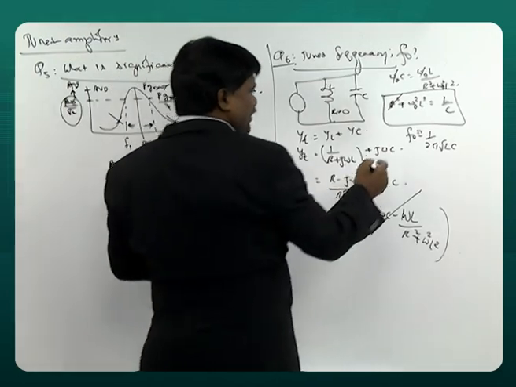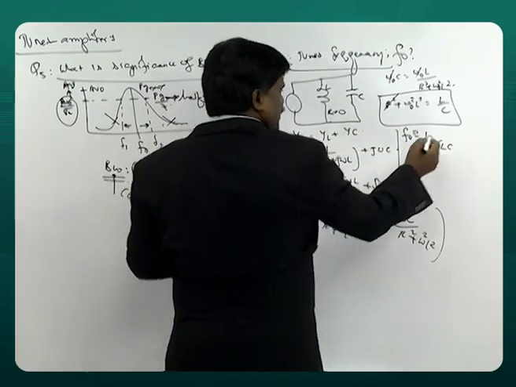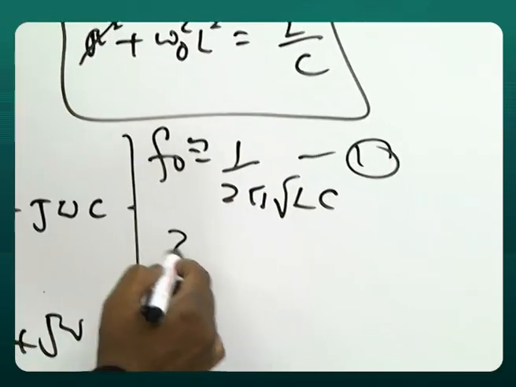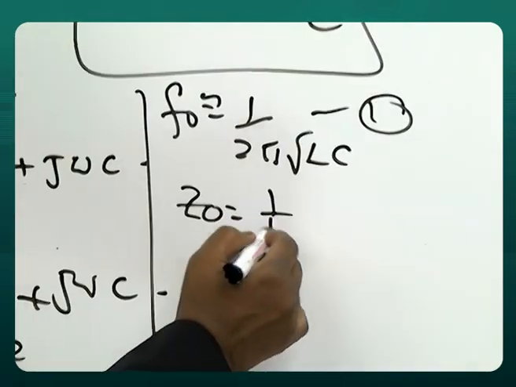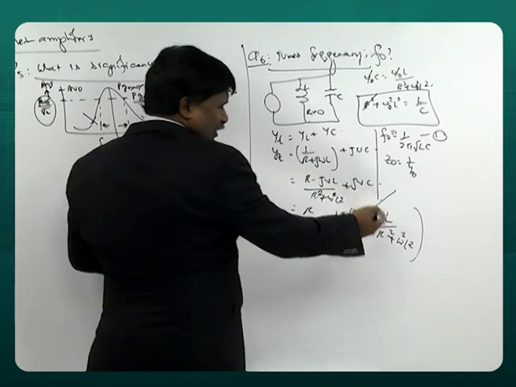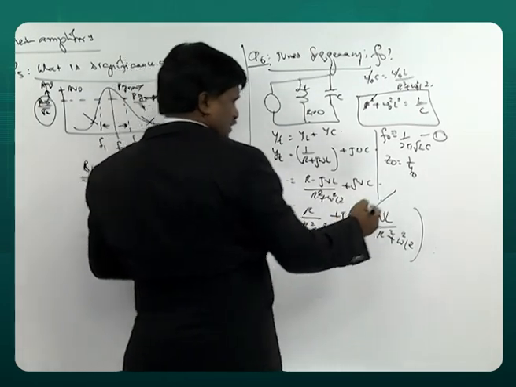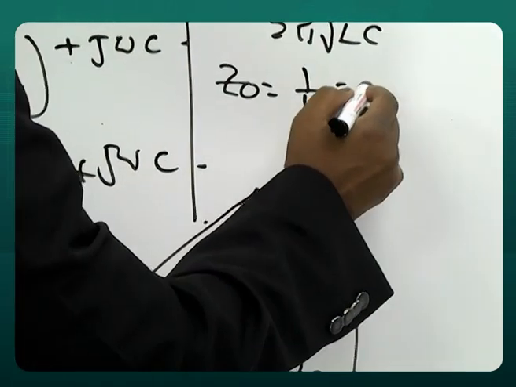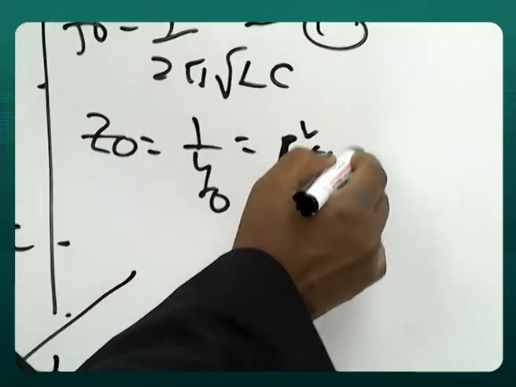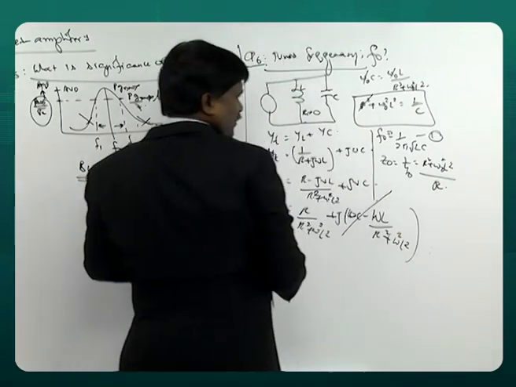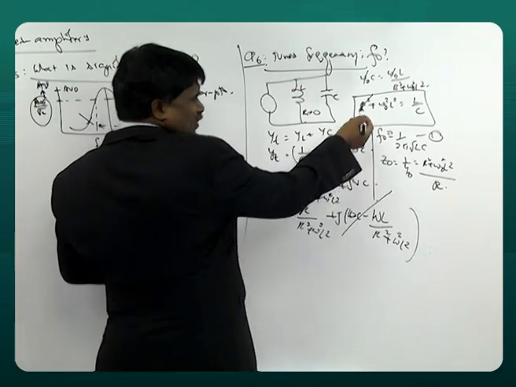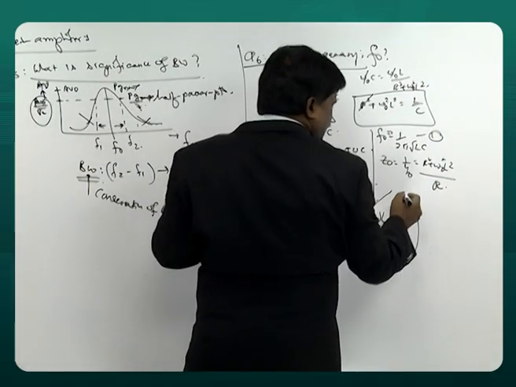And what is the impedance here? If this is F0, what is Z0? Z0 is 1 by Y0. Y0 at resonant frequency is R by R square plus omega naught square L square. What is R square plus omega naught square L square? You got it from here.